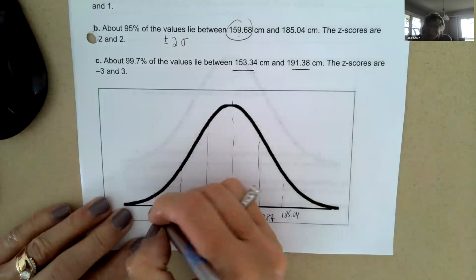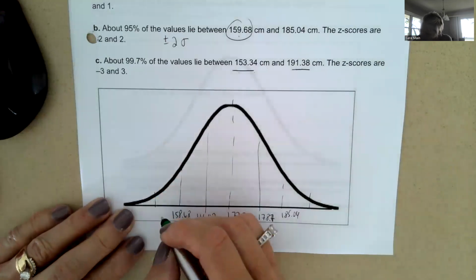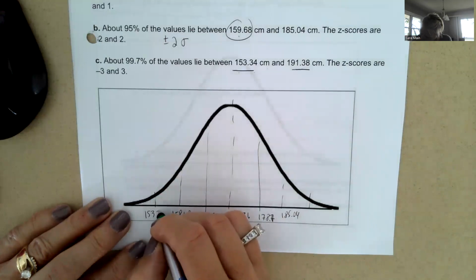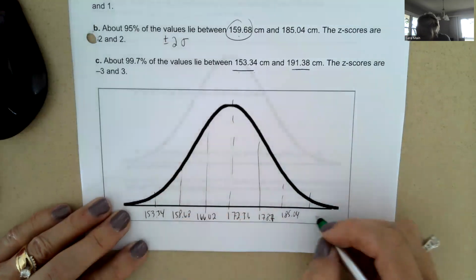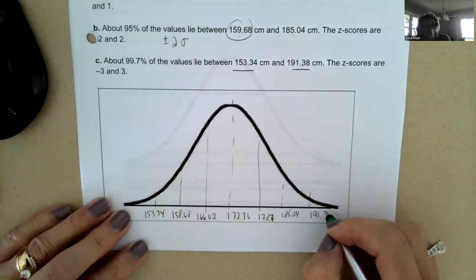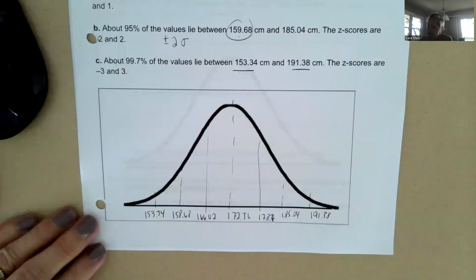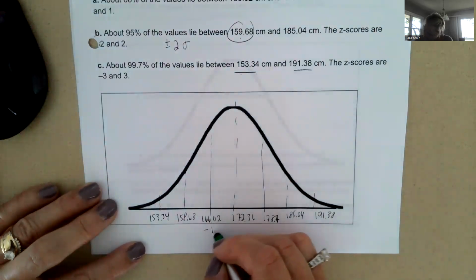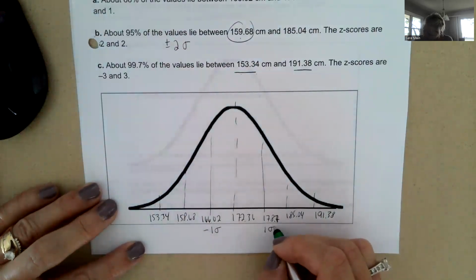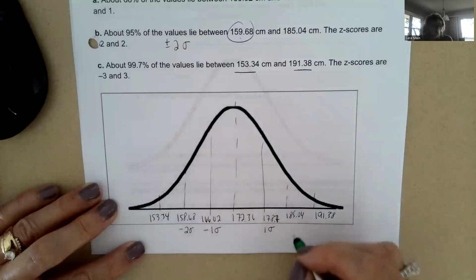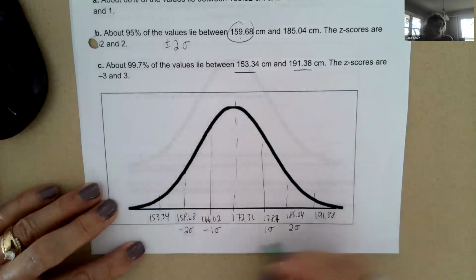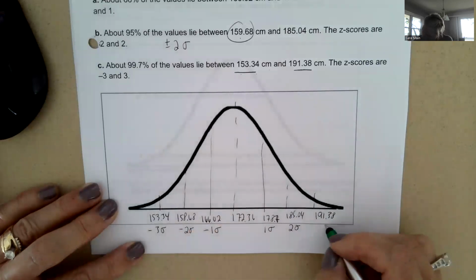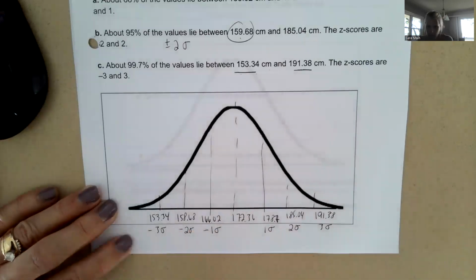And then the third standard deviation is going to be at 153.34 up to 191.38. So this is a -1 and a +1, a -2 standard deviations and +2, and then a -3 standard deviations and a +3 standard deviations.